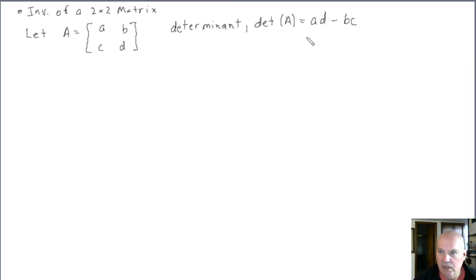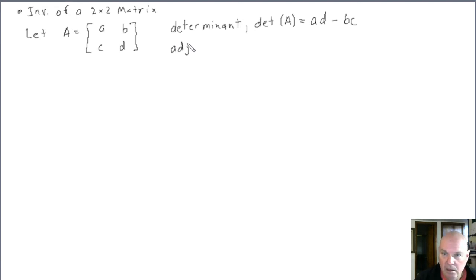Now this definition is only true for a 2 by 2 matrix. The determinant exists for larger matrices, but the formula is more complex than this. But the formula for a 2 by 2 matrix is fairly simple.